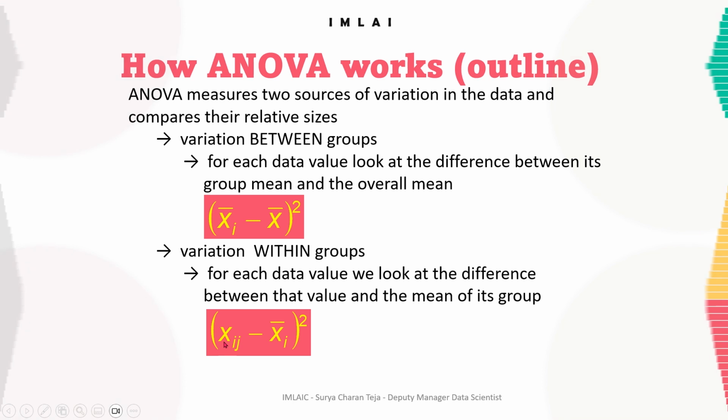X i j: i is the group number, j is the record number within that group. X 1 2 means group 1 and then in group 1 the second record. X 3 4 means group 3 and the fourth record in that group.